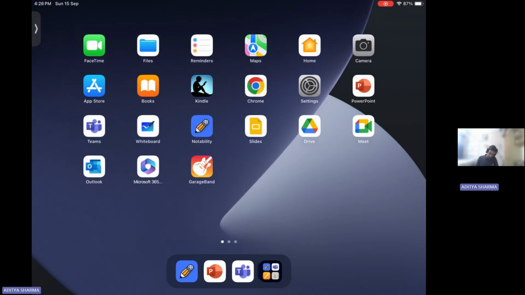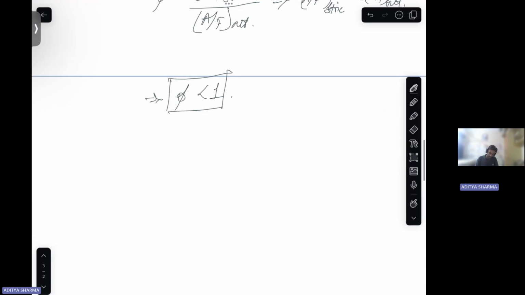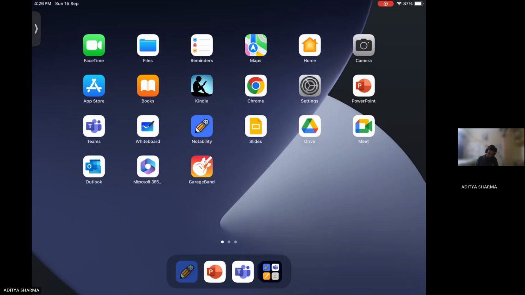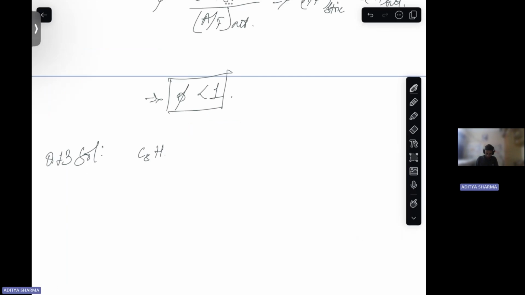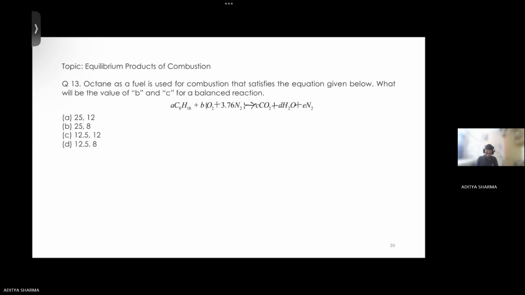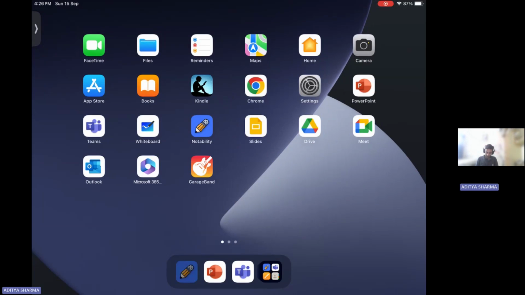Yes. So we can try to balance it. This is question number 13 solution. This is octane, C8H18, plus O2 plus 3.76 N2, which gives rise to CO2 plus H2O plus N2. Now let's balance these.